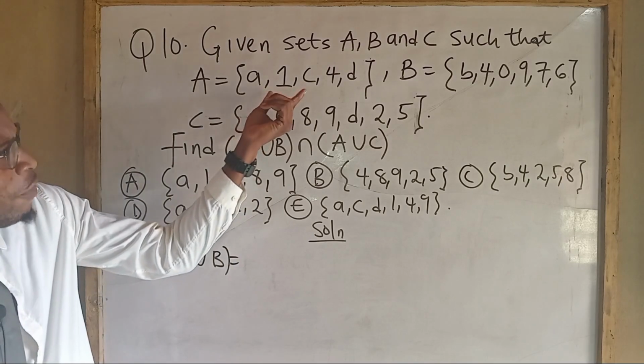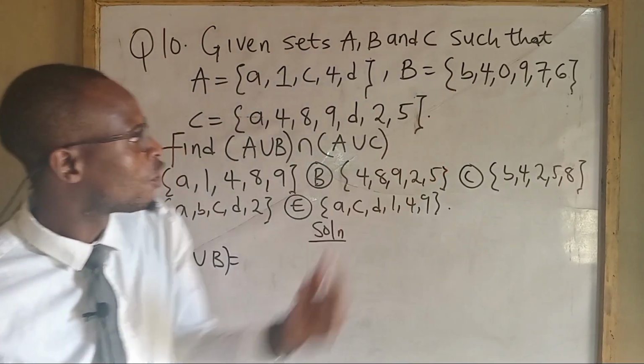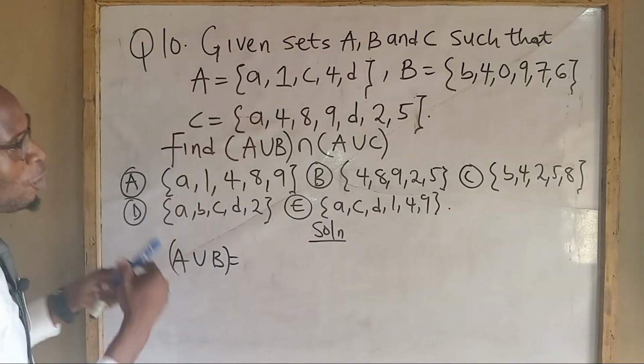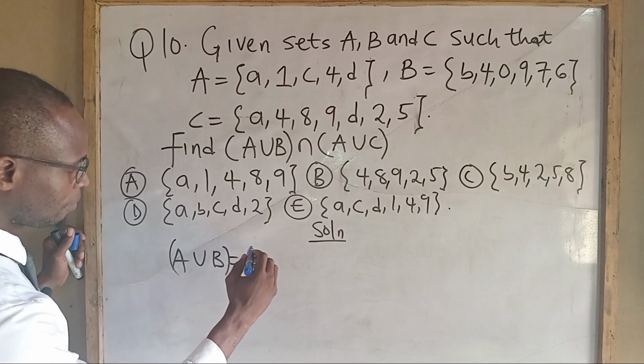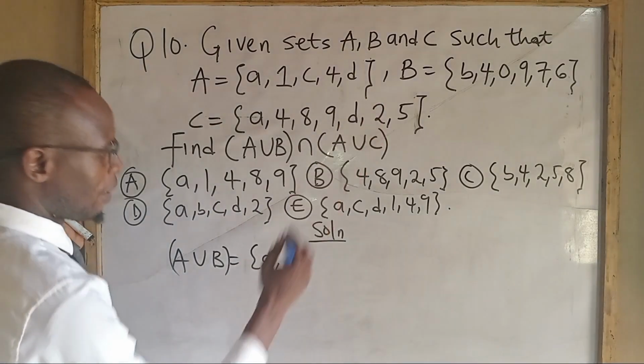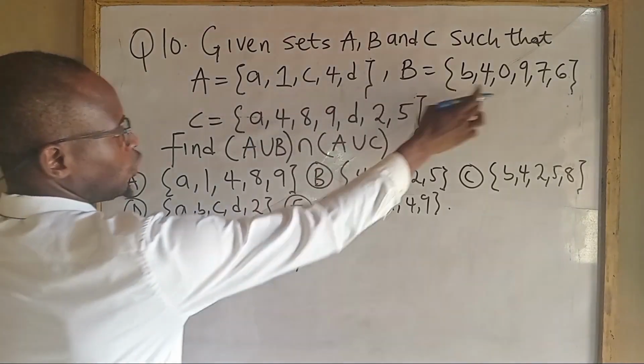So if I join this and this together, if I start with the letters, I will have A coming first. If I decide to rearrange them, A will be coming first, followed by B. I'm joining this and this together now.